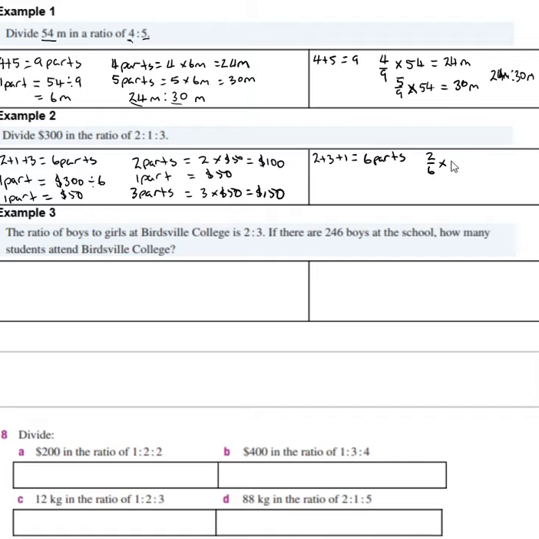So 2/6 times 300, which will give us on our calculator $100. 1/6 of our money will be 1/6 times 300, which is $50.